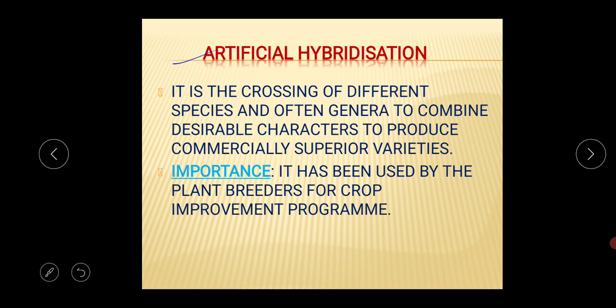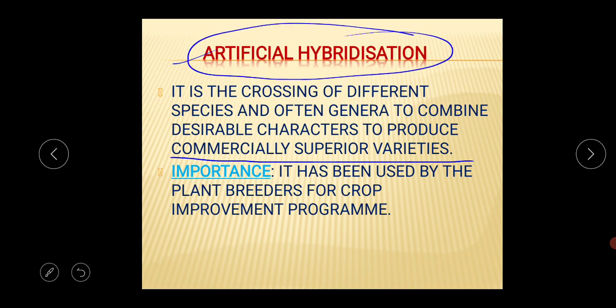Next thing is the artificial hybridization. It is the crossing of different species and often genera to combine the desirable characteristics to produce commercially superior varieties. From the name, I think all of you understood: what is the meaning of artificial?